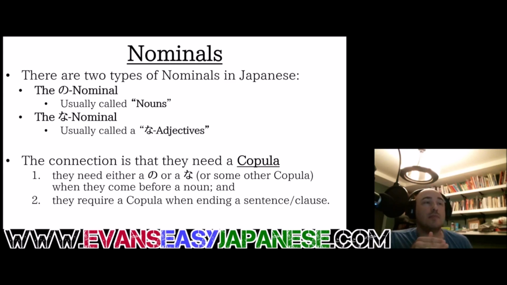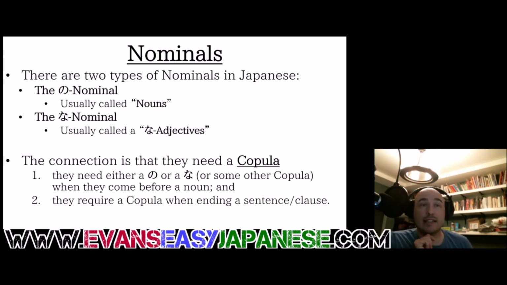The connection between a no nominal and a na nominal is that you need to use either no or na, or even some other form of what's called a copula, when they come before a noun, and they require a copula when ending a sentence or a clause.